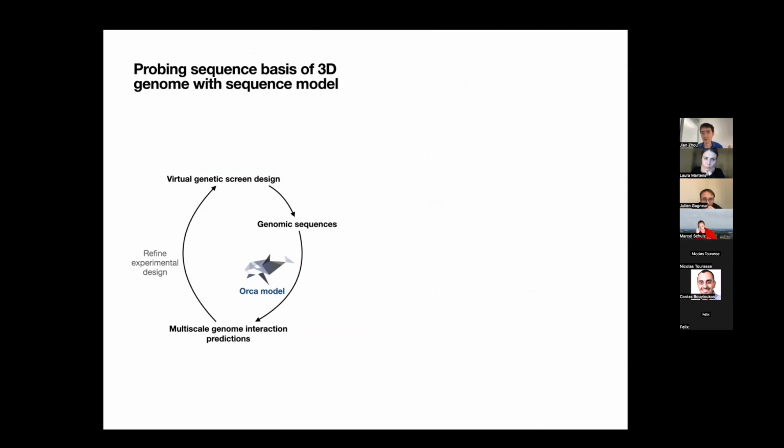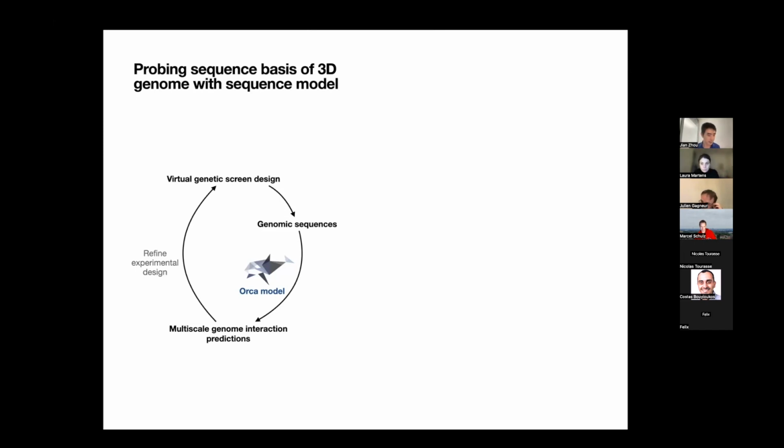As I said, I think we don't really understand a lot of the reasons how 3D genomes are dependent on the sequence. And we think that definitely the sequence model has captured a lot of those sequence dependencies, but how do we extract such information?